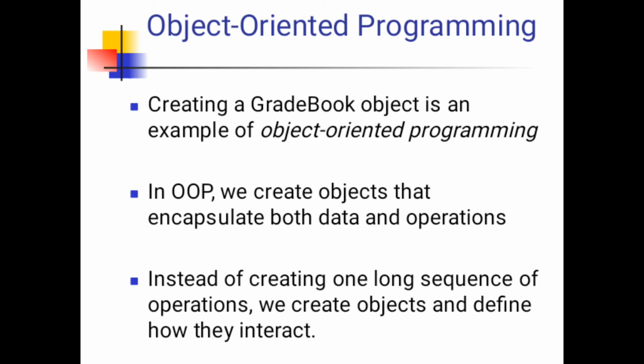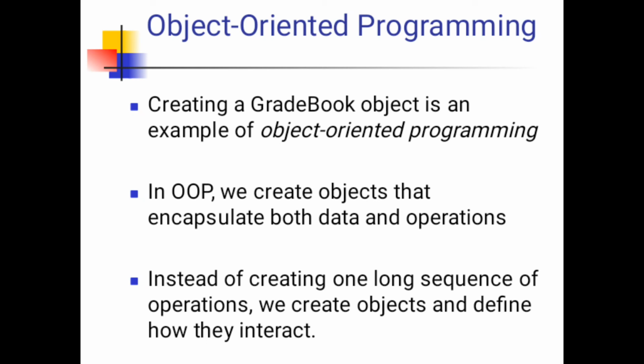Creating a GradeBook object is an example of object-oriented programming. When something is object-oriented programming, it deals with classes and objects. When you talk about OOP, the thing that must come to the back of your mind is that you are going to deal with classes and objects.